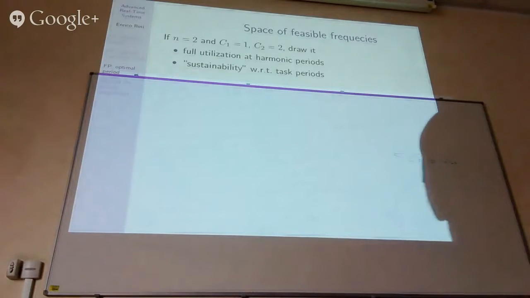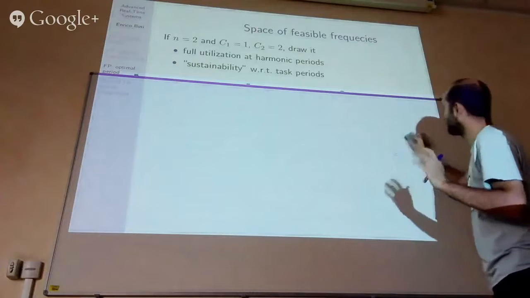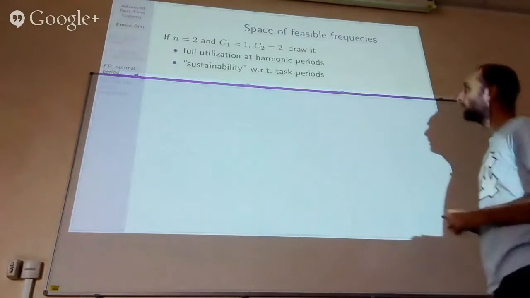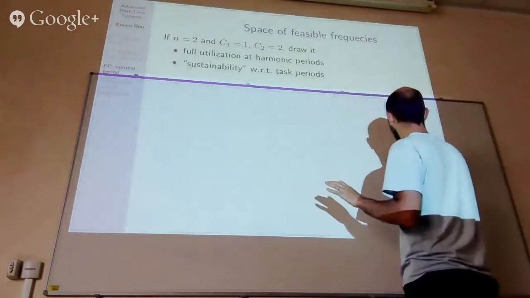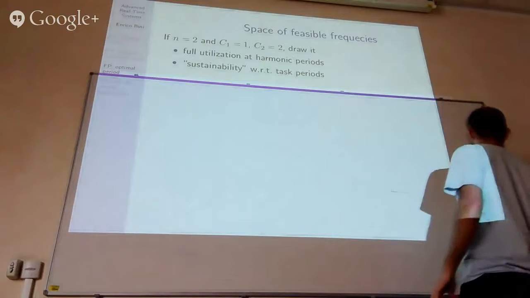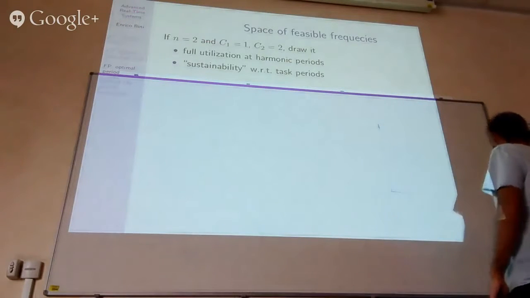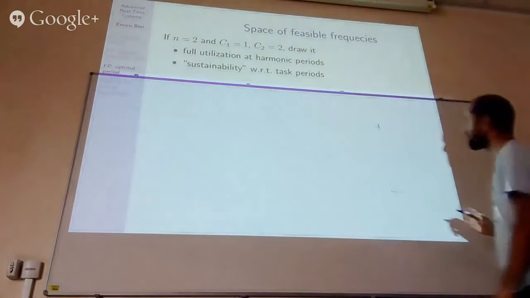Now I want to reason a bit about what it could be. I will work in the frequency domain, so I want to find the domain of exactly feasible frequencies.